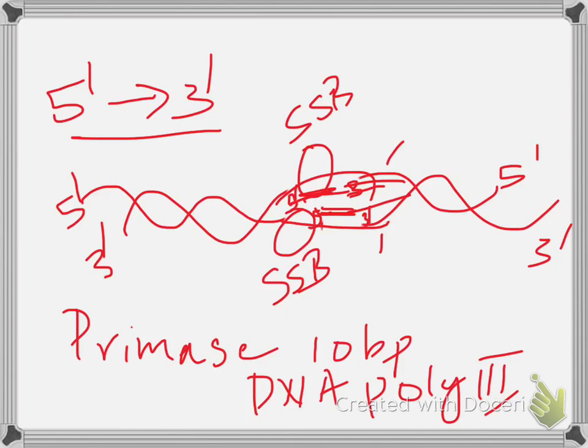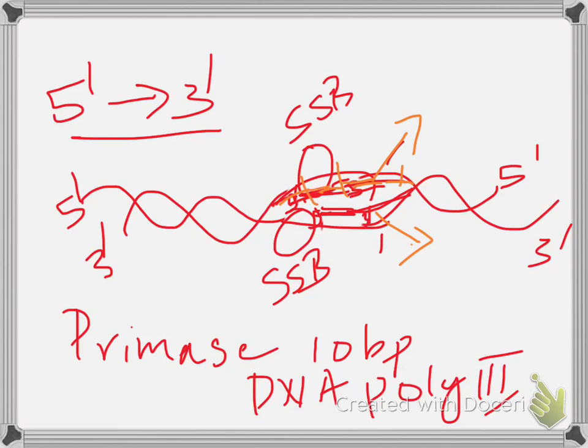One strand is continuous and the other one is discontinuous. The continuous strand is known as the leading strand, the discontinuous strand is known as the lagging strand, and the short segments of this discontinuous strand are known as Okazaki fragments.